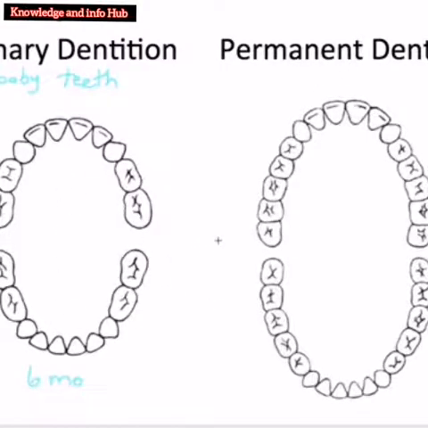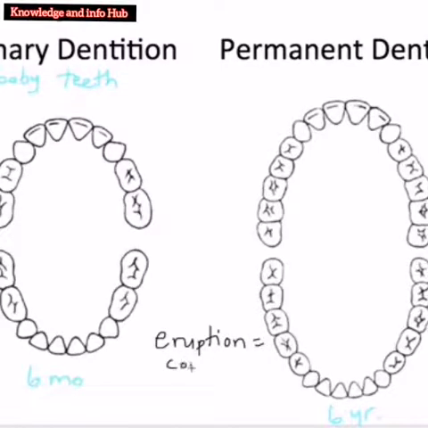Now, when it's maybe about, and of course there's some variation here, when you get to about 6 years, you'll start to have eruption of the permanent dentition, again, usually starting with the lower incisors. And when I talk about eruption, I'm talking about the teeth that are coming into the mouth.